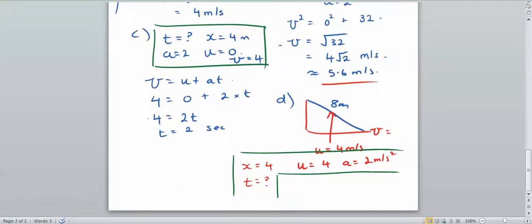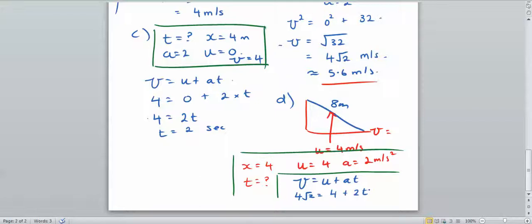Maybe I'll have to use a calculator. Okay, so v is equal to u plus at. Our final speed is going to be, I'm going to use an exact value, 4 root 2, is equal to u, which is 4, plus a times t, which is 2 times t.